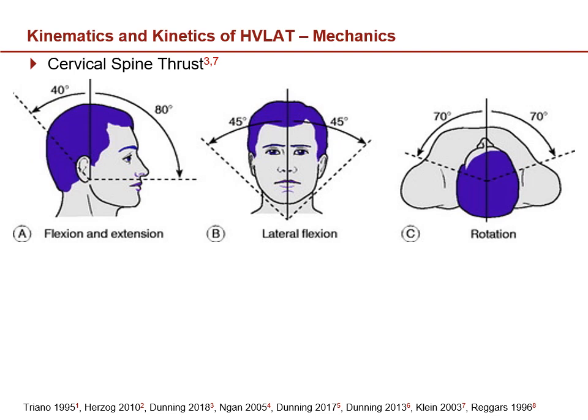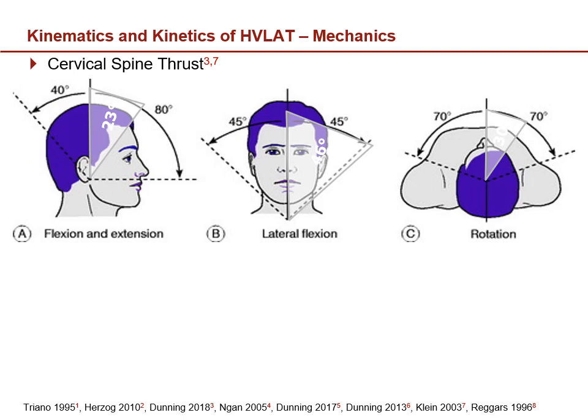Okay, then when talking about the mechanics of the thrust and how this correlates to the available range of motion of the cervical spine, and this will also get into our discussions as far as the safety of it in regards to the vertebral artery. Based off the previous tables presented, you can see that I've overlapped what range of motion is otherwise necessary within the cervical spine to actually go through a thrust technique if we're using the mean values from those tables.